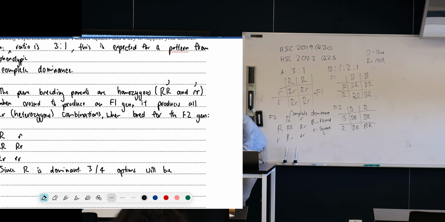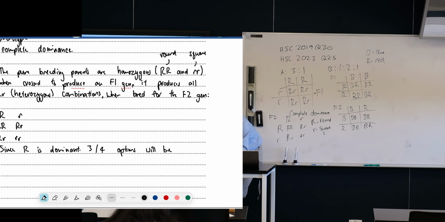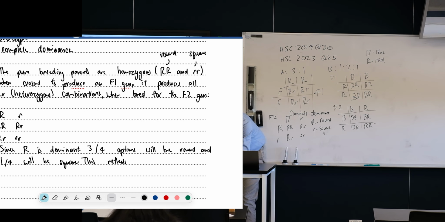So I'll assign my capitals as round, and for not round I said square. Okay, sure, square. 3 out of 4 options will be round, and 1 out of 4 will be square. And then I can just conclude by saying this reflects the 3:1 ratio.